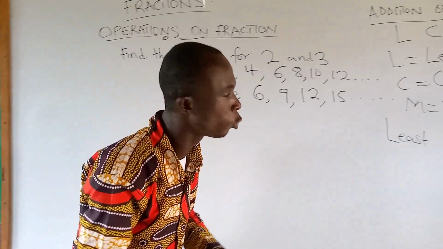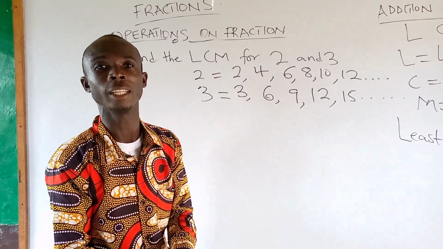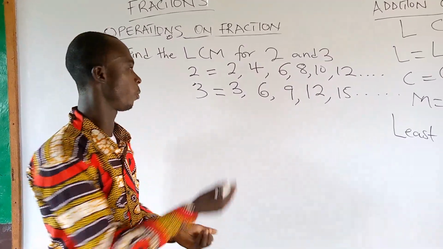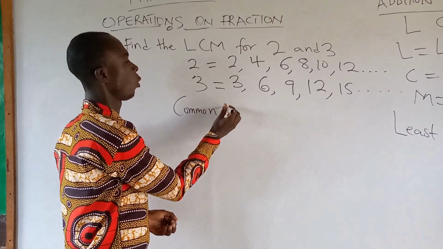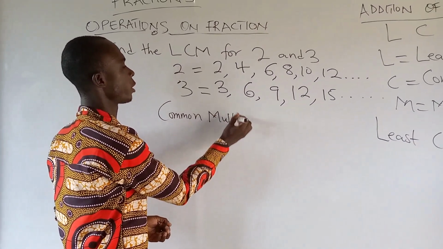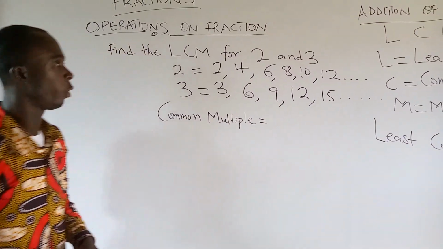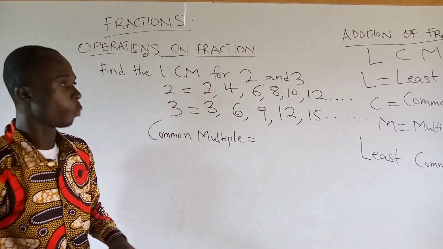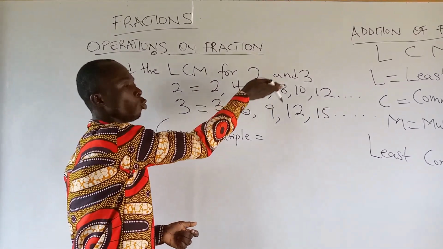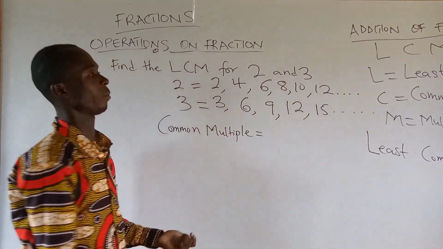So we will move on to the common multiple. That is the second step, the common multiple. If I say common multiple, we want to know these two multiples. Which one appears in 2 and at the same time appears in 3?